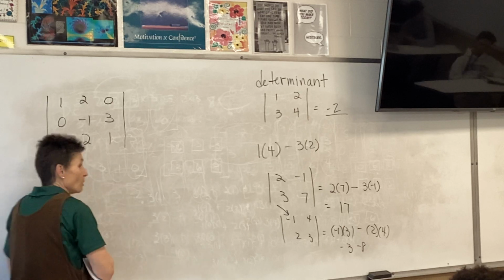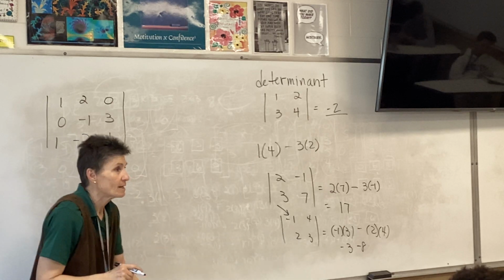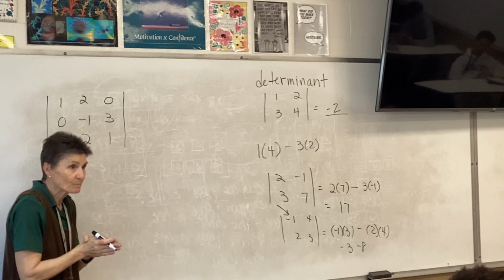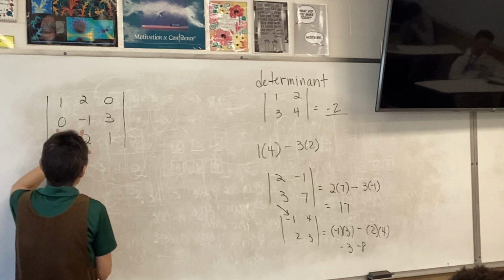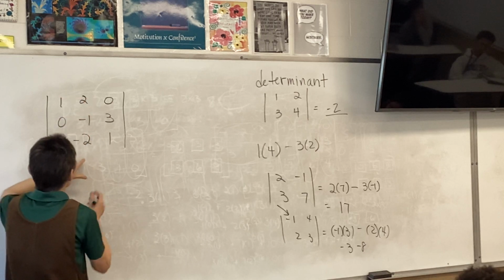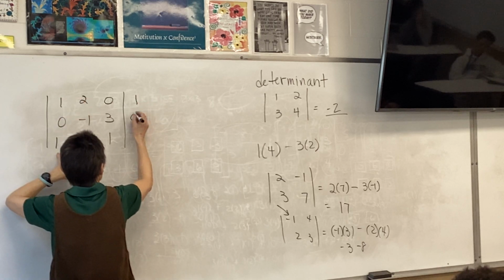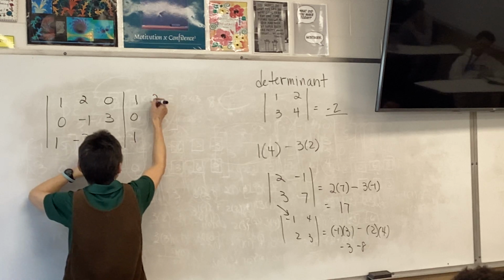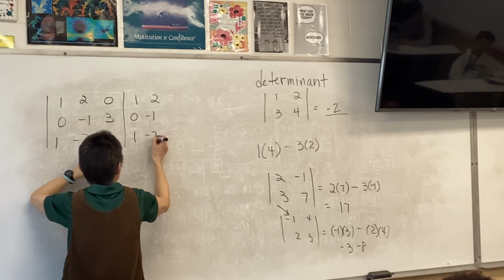All right, so here's the process. There's more than one way to do it. I think the easiest way is to take the first 2 columns, these are columns up and down, and simply recopy them outside the determinant.